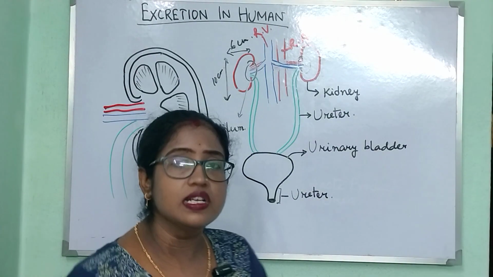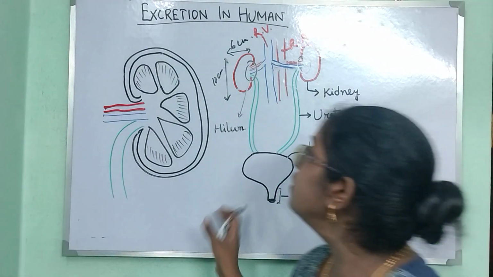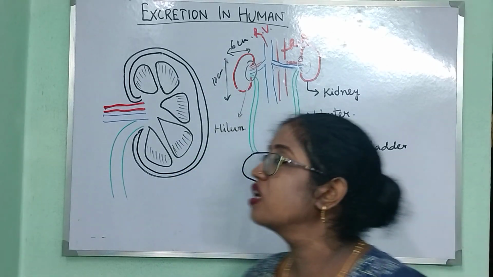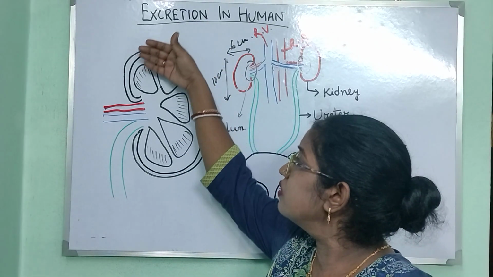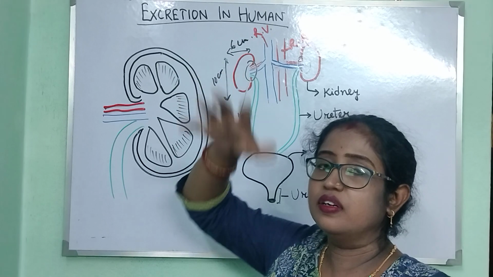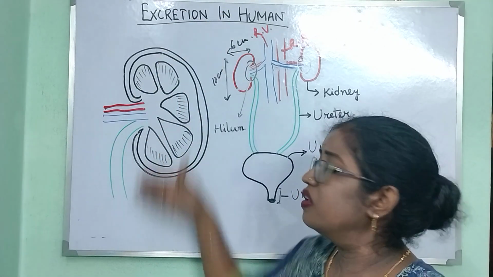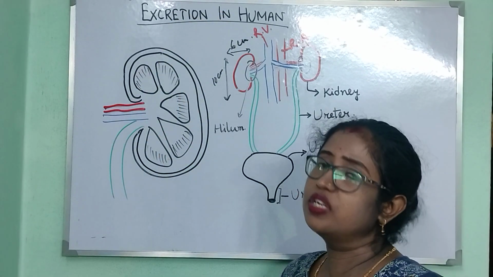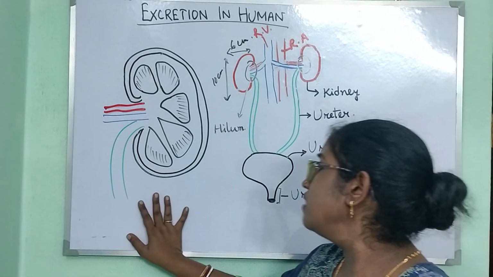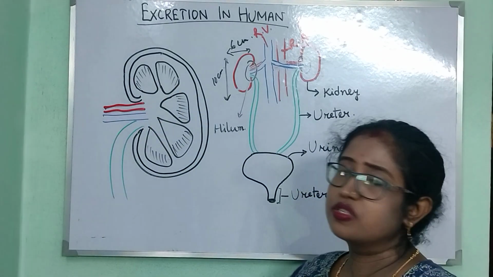Then if we discuss the internal structure, come to this part, the internal structure. If we take a kidney and longitudinally section it, then we can see all these structures.